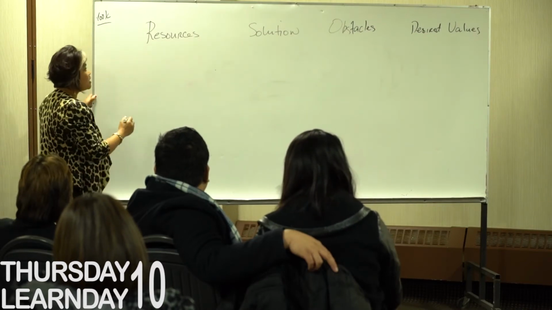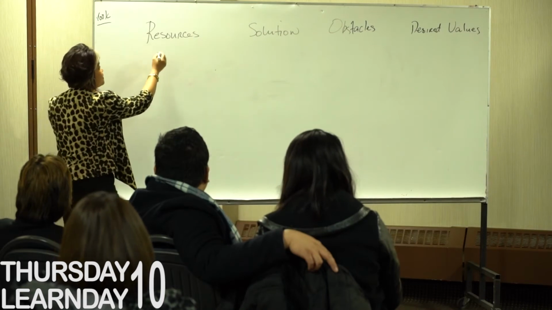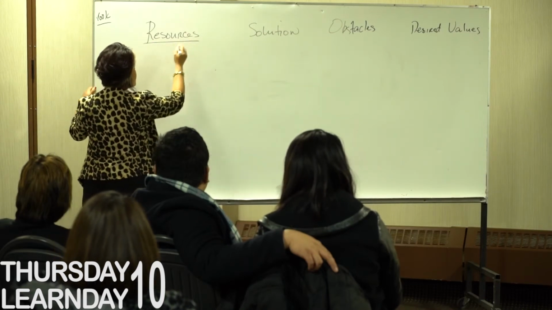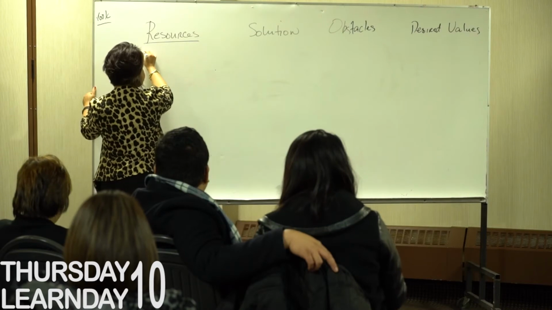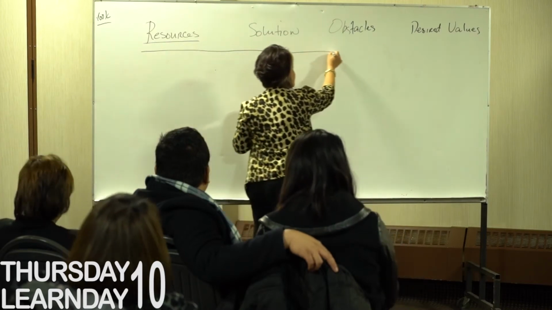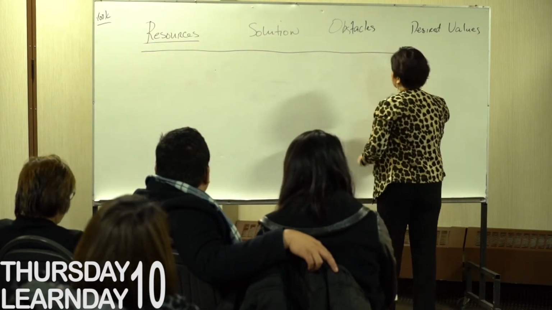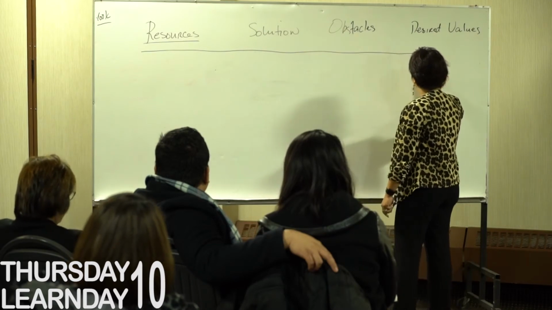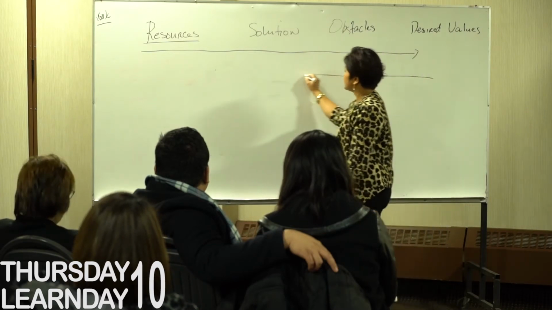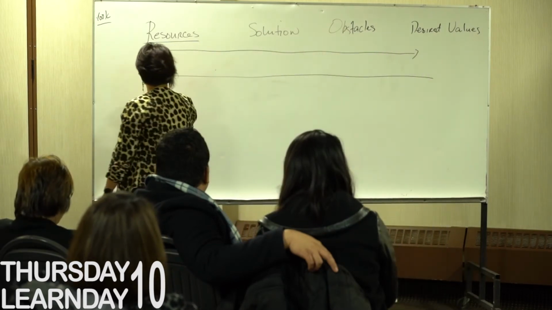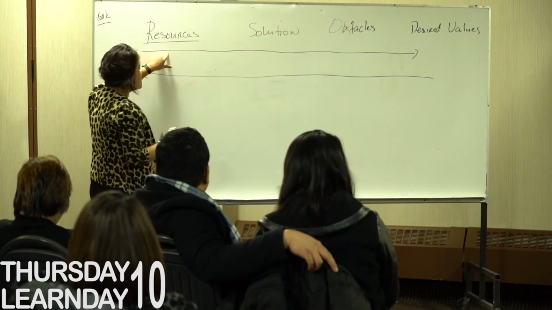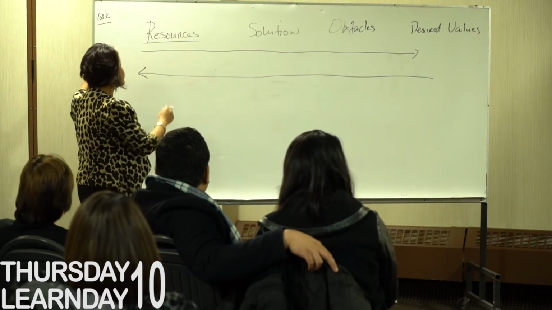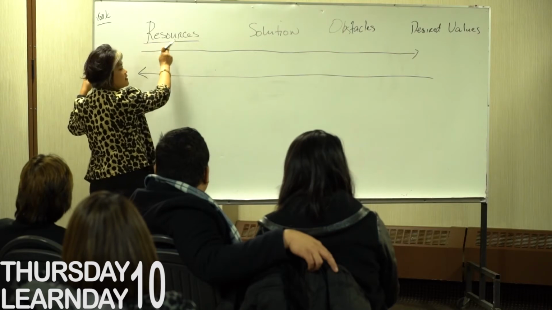Those people are looking for the resources. They go this way. For us, I want us to go this way. What do I mean by that? Resources. They will look for how much money you have.